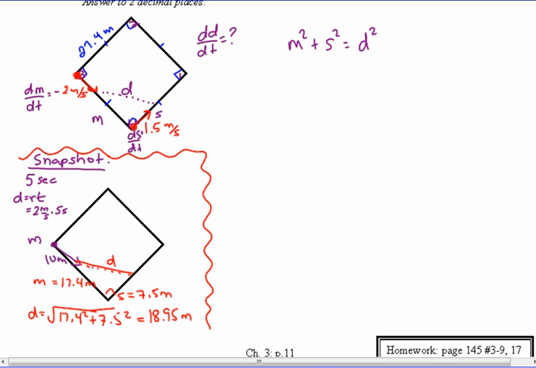Okay, let's derive this guy. We know the rate of change of M. We know the rate of change of S, and we're looking for the rate of change of D. So we want to leave them all in the equation. So let's derive the first guy. 2M dm/dt plus 2S ds/dt equals 2D dD/dt.